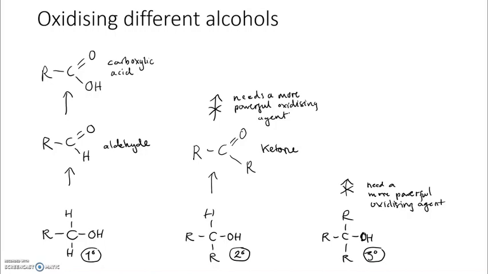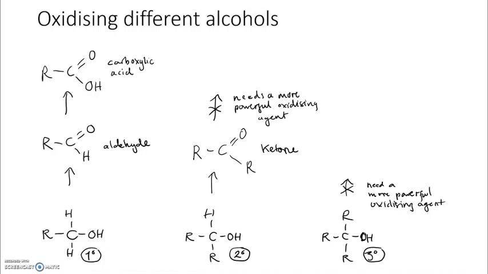Acidified dichromate just can't take this any further, as it can only oxidize carbons in the functional group that have bonds to hydrogen as well, and there are just no more bonds to hydrogen for this particular carbon.